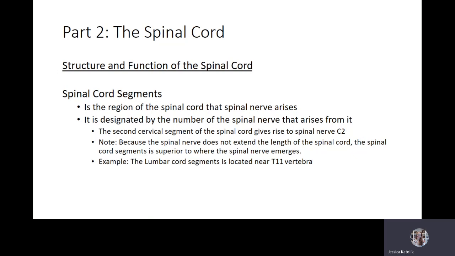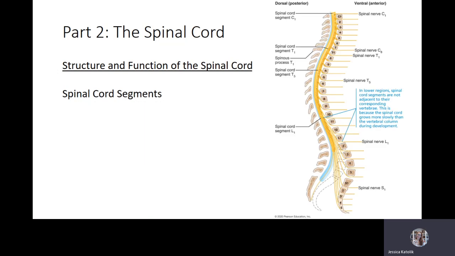It is important to note that because the spinal cord doesn't go through the full length of the vertebral column, the segments of, let's say, the sacral and coccygeal will actually be more superior than where the spinal nerve actually exits.